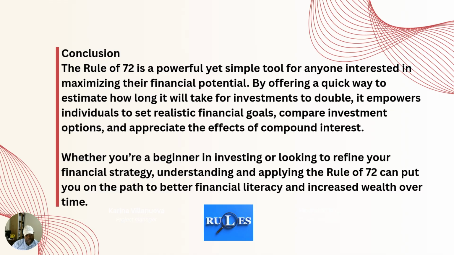Whether you are a beginner in investing or you are looking to refine your financial strategy, understanding and applying the rule of 72 can put you on the path to better financial literacy and increased wealth over time.